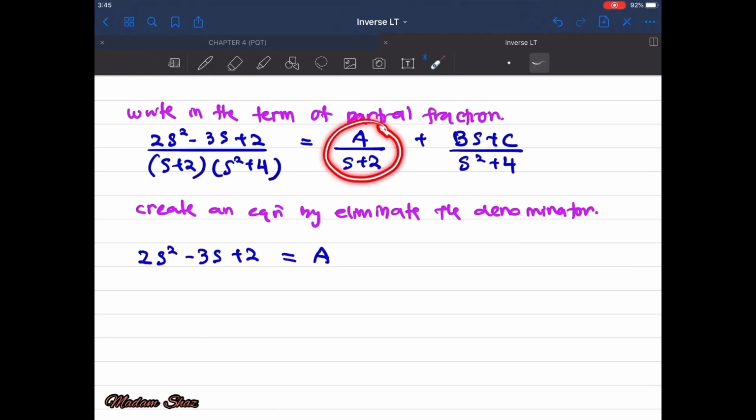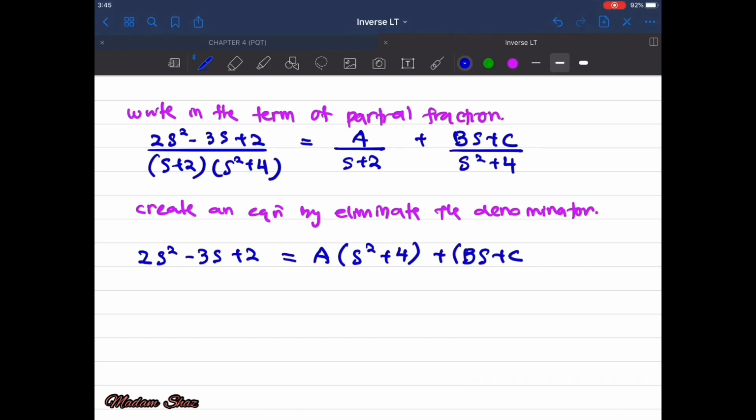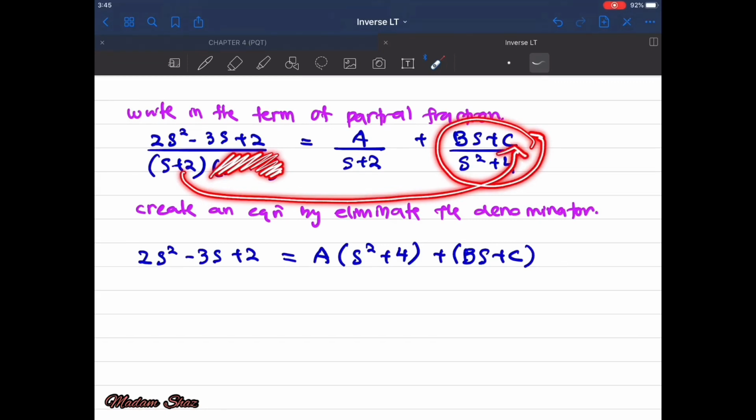By referring to the left hand side, we will close s plus 2, meaning that s squared plus 4 will be multiplied with A. So A multiplied with (s squared plus 4) plus (Bs plus C), make everything in the bracket. (Bs plus C) is divided by (s squared plus 4), so we will close s squared plus 4. S plus 2 will be multiplied with (Bs plus C).